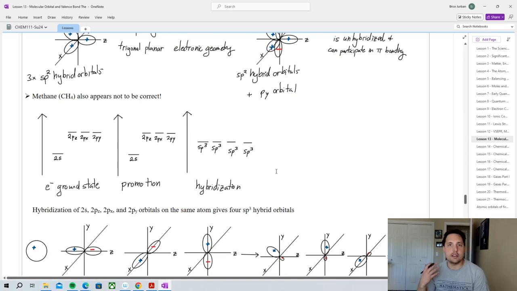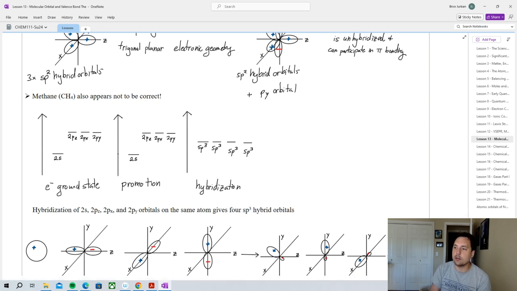All right, so if we look at the next hydride, that's CH4, also known as methane. This also appears to be incorrect, meaning we are unable to form localized atomic orbitals, because in the electronic ground state we have 2 electrons that are unpaired.